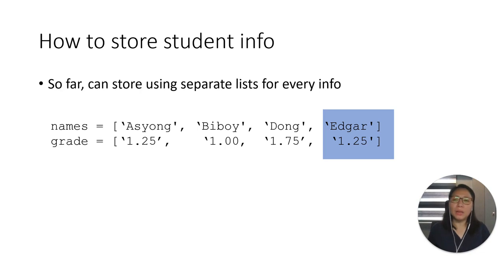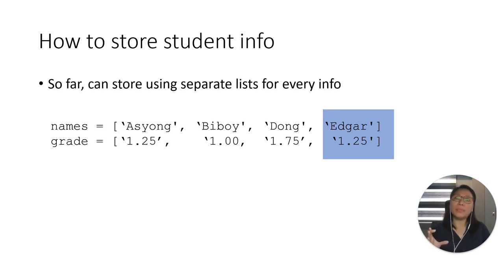And also in this manner, let's say if we're going to add more information on a student, such as grades for other courses or other subjects, or personal information such as contact information or email address, we would have to create a list for email addresses, another list for courses, or another list for grades of another subject. And let's say we have five lists.